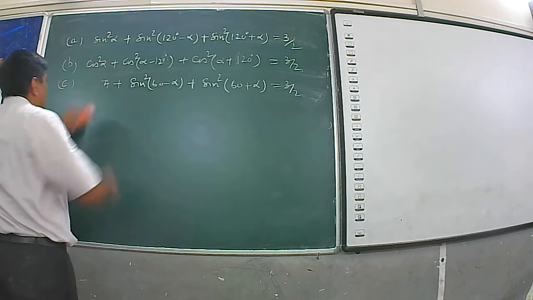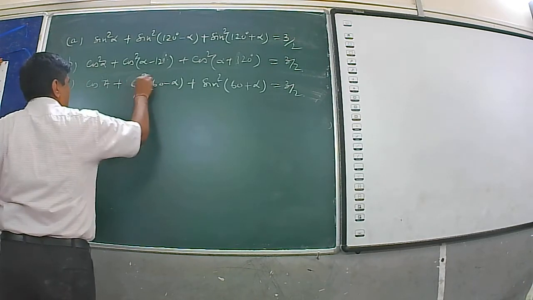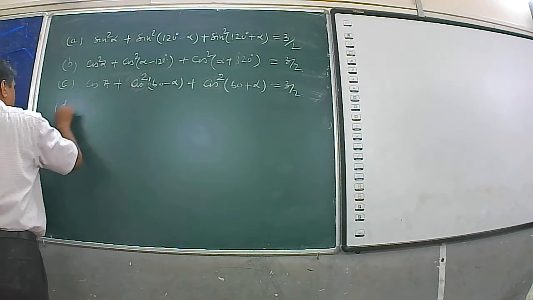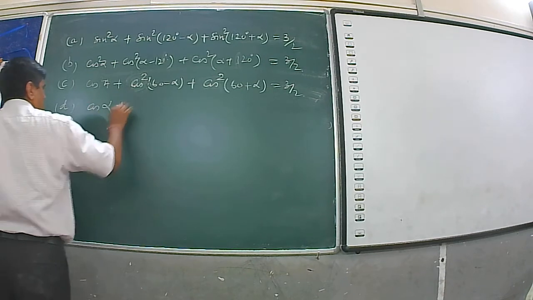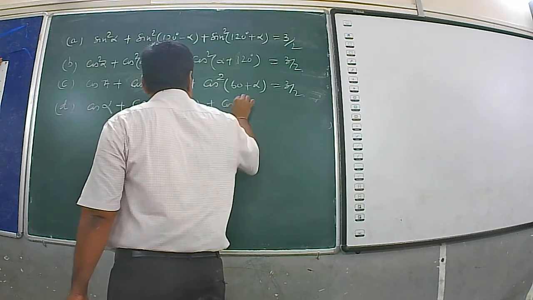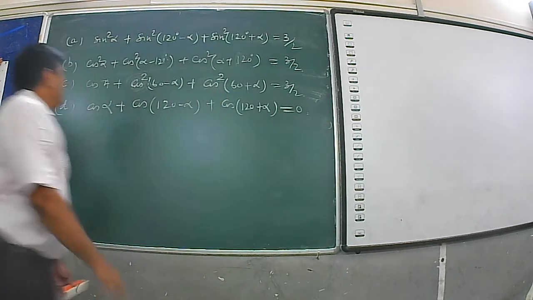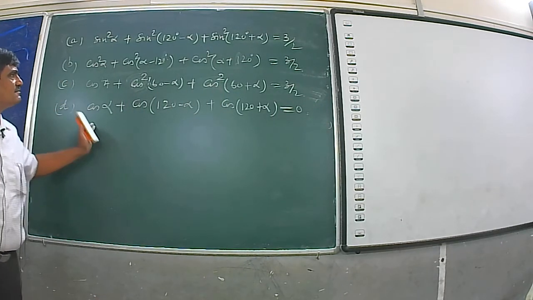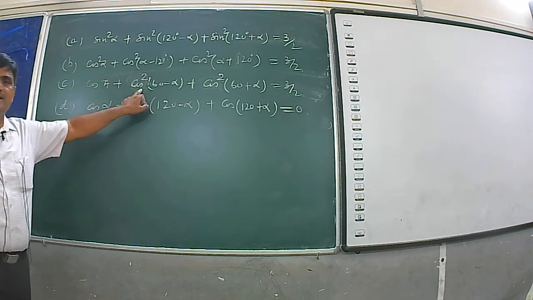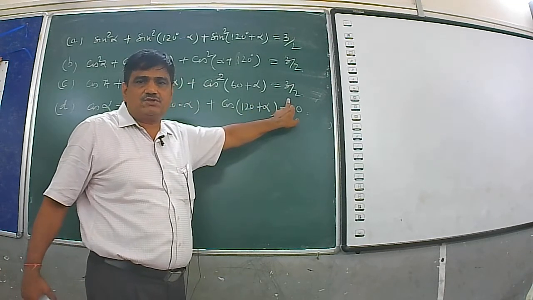This is the cos square form, cos square A. D: cos alpha plus cos 120 minus alpha, plus 120 plus alpha is equal to 0. Another question. In this type of question, sin square A, sin square 60 minus A, sin square 60 plus A is equal to 3 by 2.